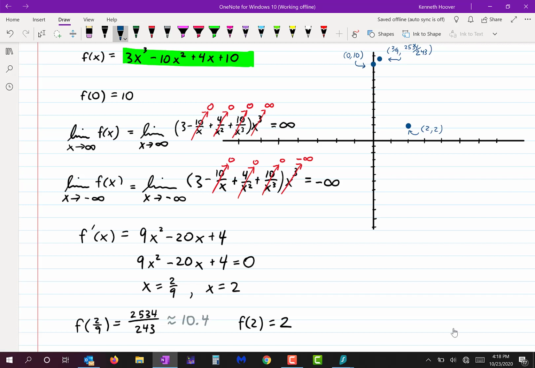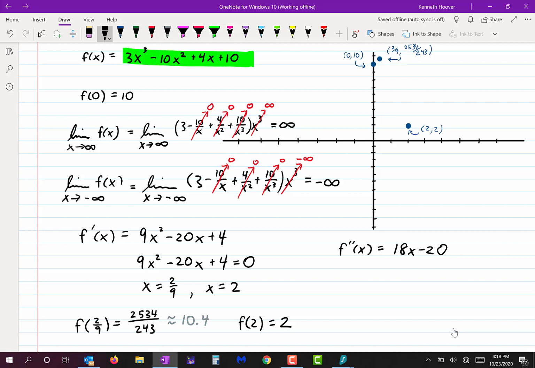Okay, now let's find f double prime. f double prime of x equals 18x minus 20. Okay, so watch what I'm going to do for this. I'm going to use that to figure out what kind of critical points I have found so far.